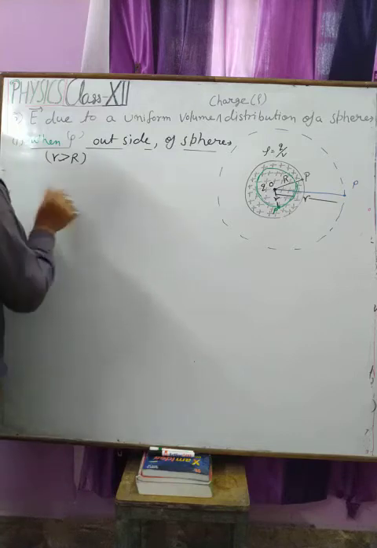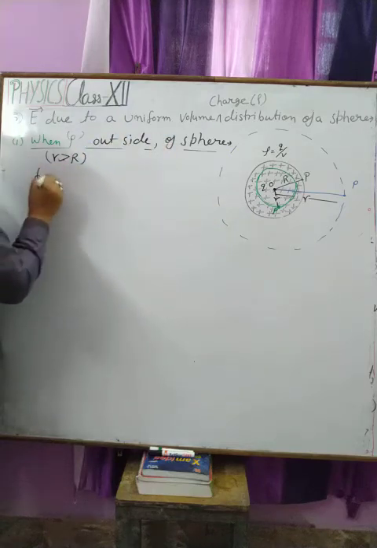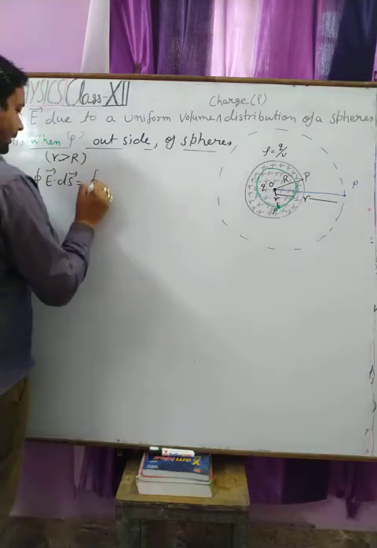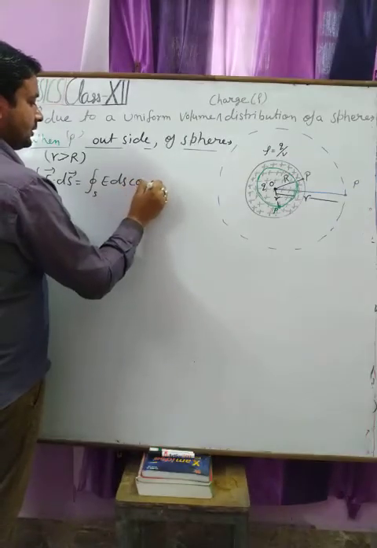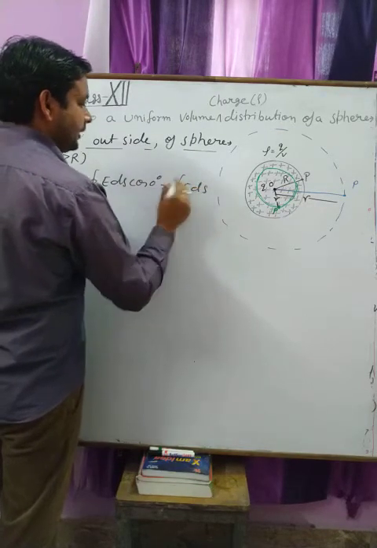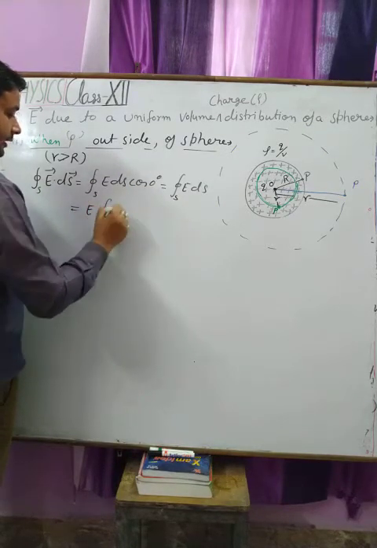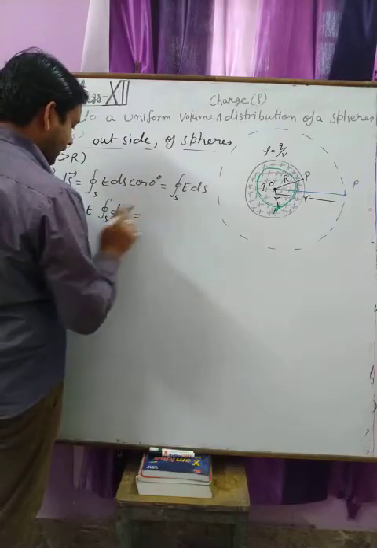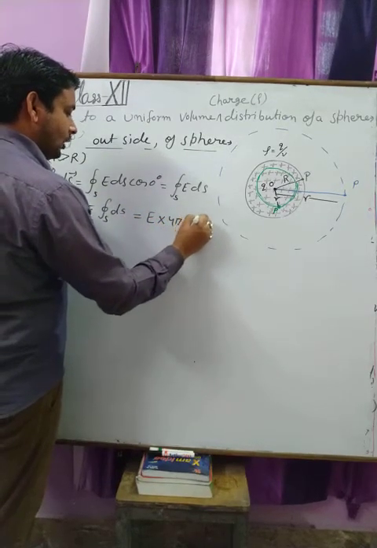The total flux passing through this surface is given by integral E dot ds, which is integral over the surface E ds cos 0 degree. So we get E ds, where E is a constant. We get E times integral over the surface ds, and because it is a spherical surface, we take this area as 4 pi small r square.